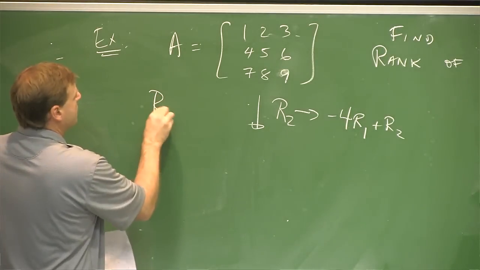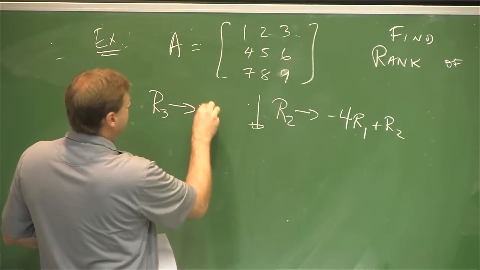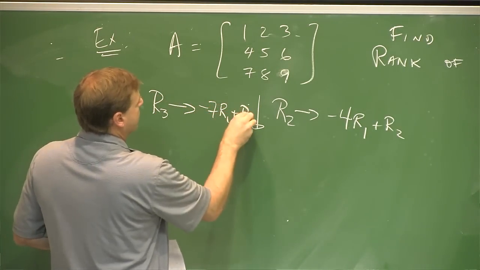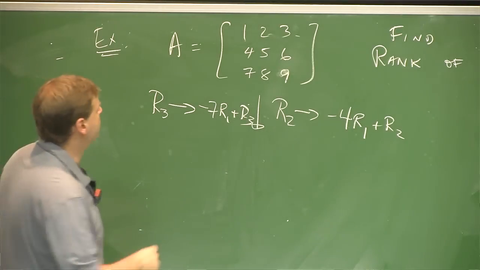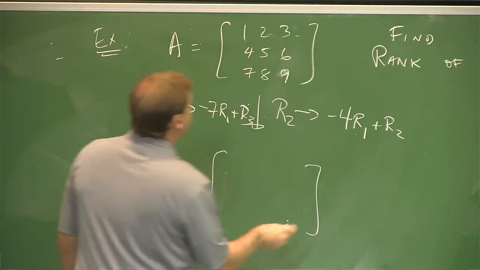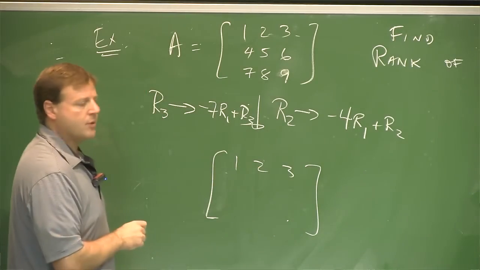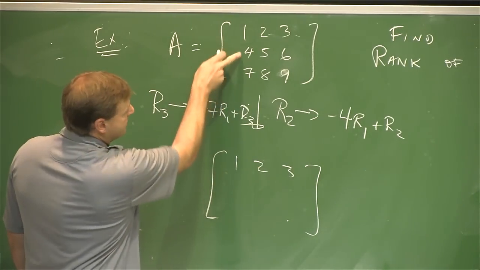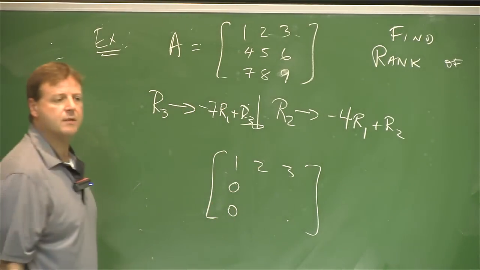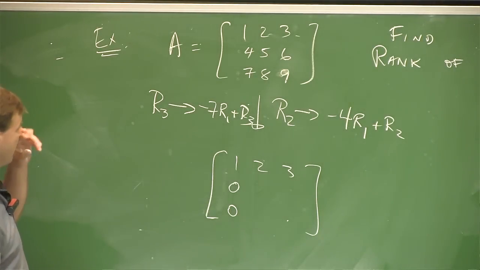And I'm going to replace row 3 with negative 7 row 1 plus row 3. Just doing row reduction. The top row doesn't change, so just reproduce it. And I know that these are going to become 0. You can put those in. That was by design.